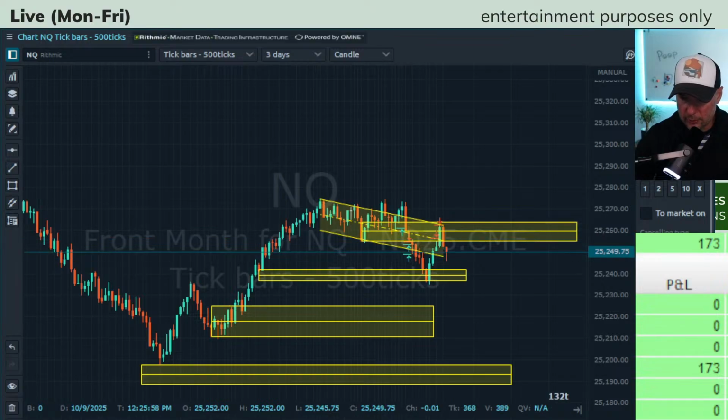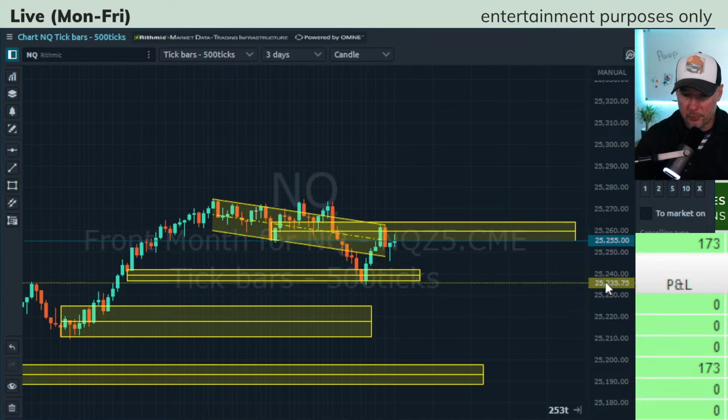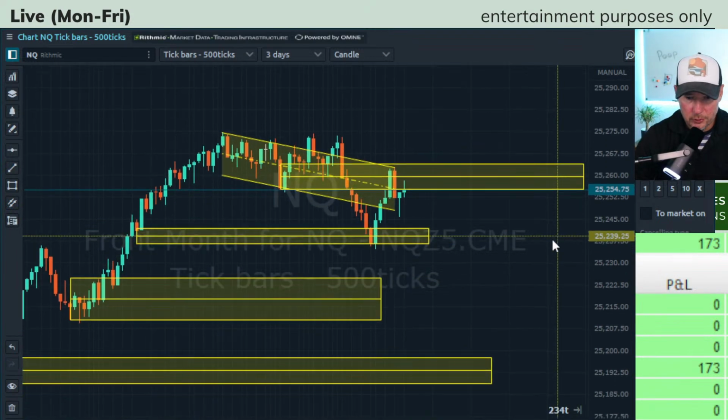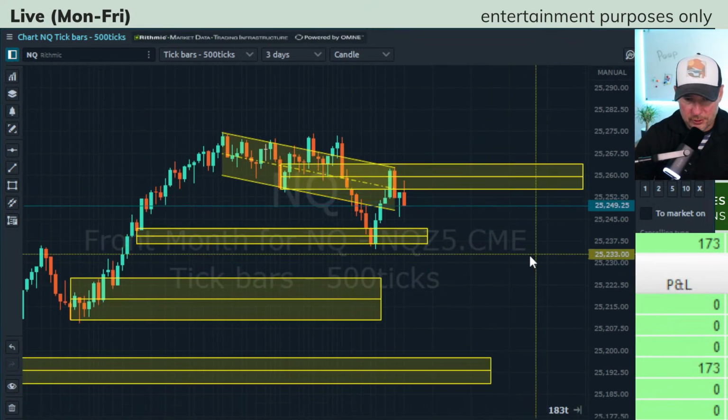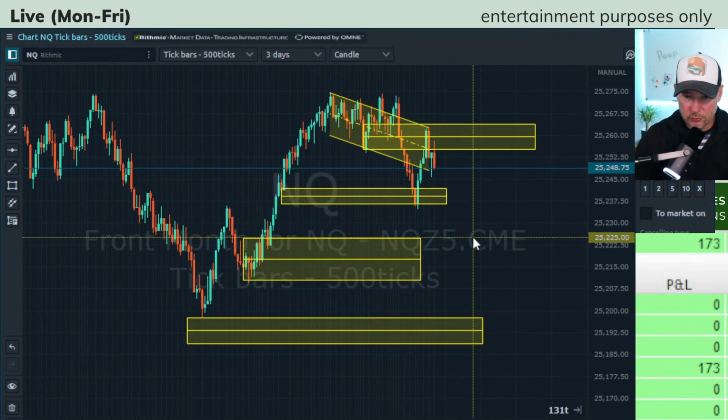All right, let's take a look at the next account. So we did bounce nicely out of this AOS. My next trade would be here.